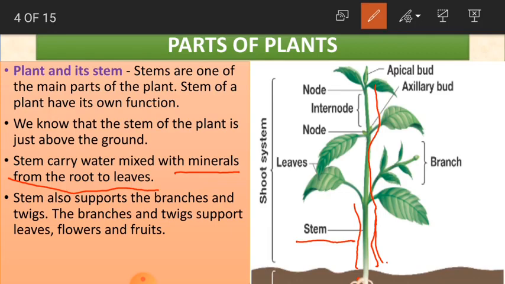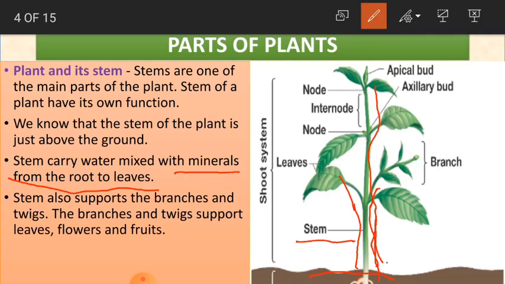When we get rain, automatically all the plants will get water. And this water is mixed with so many minerals. And this stem, what does it do? It carries that water from the roots to the leaves. When water comes, what will happen? The soil gets wet. And under the soil, what do we have? We have roots.